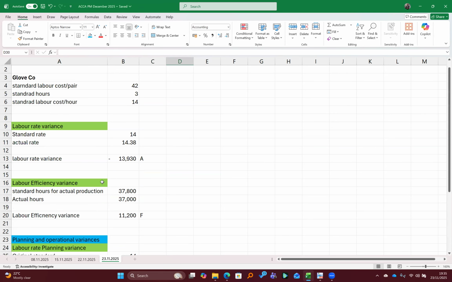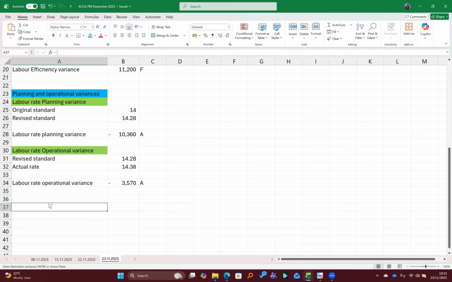Now we can get the labor efficiency, also planning and operational variance. So, planning variance.